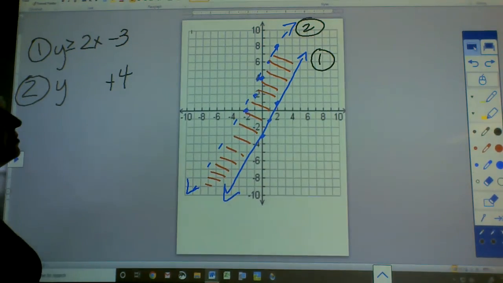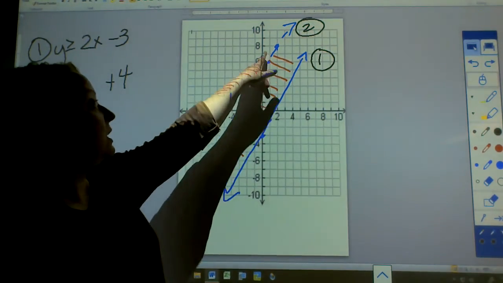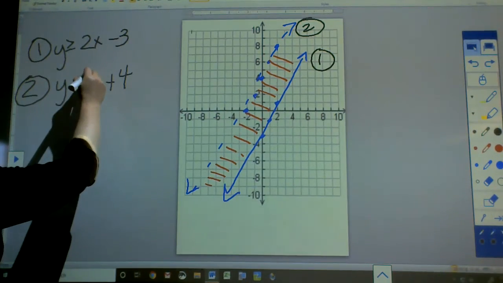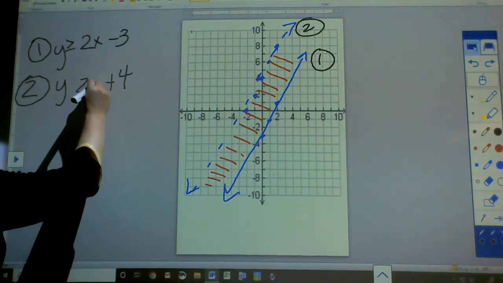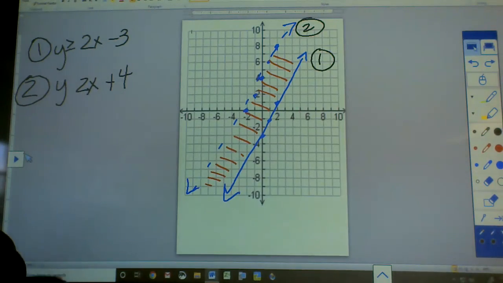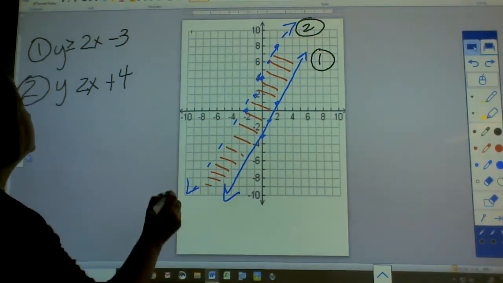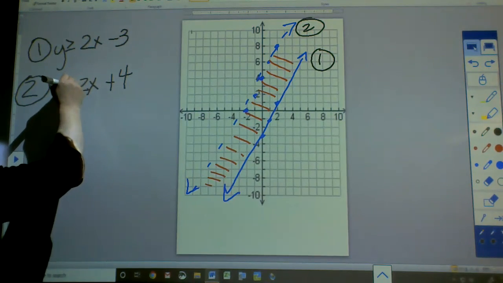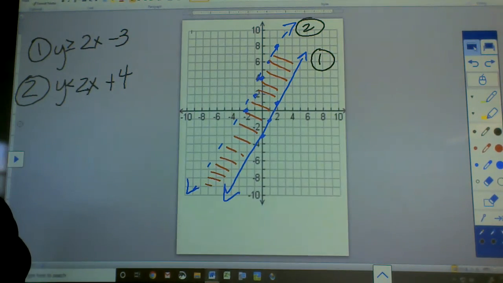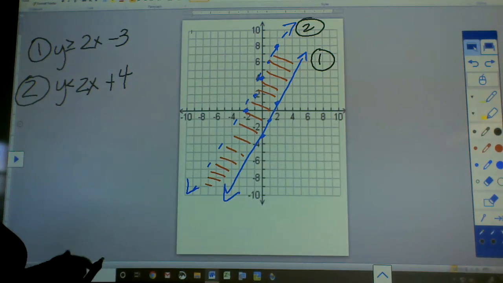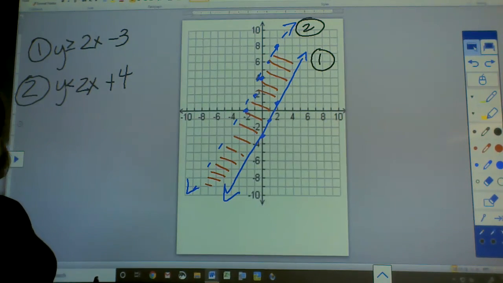And it's a positive 4. And it looks like it's also going to have a slope of 2. So it's going to be 2x. And then we need to put the inequality here. Well, it's going to be underneath. So it's less than. And there's no line underneath of it because it's dotted.